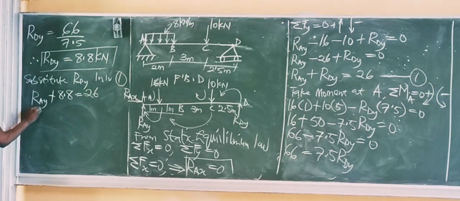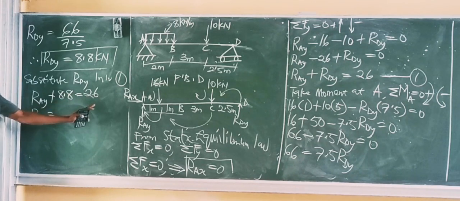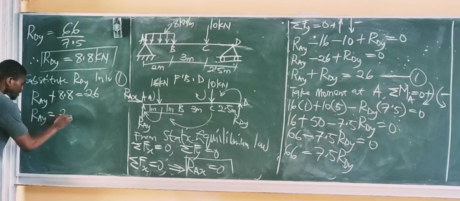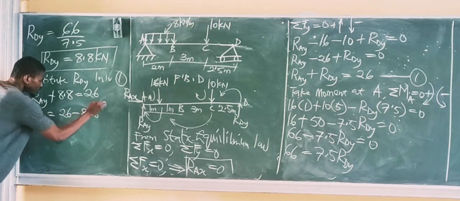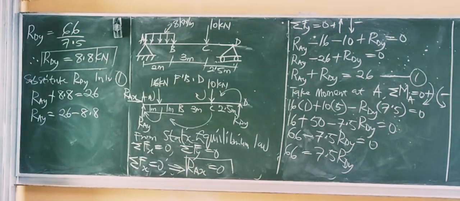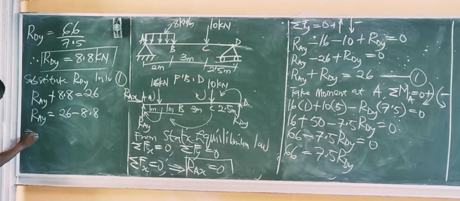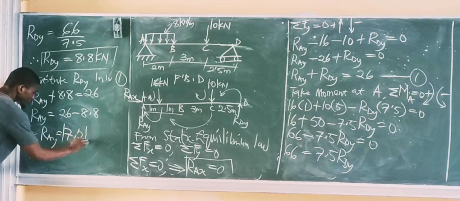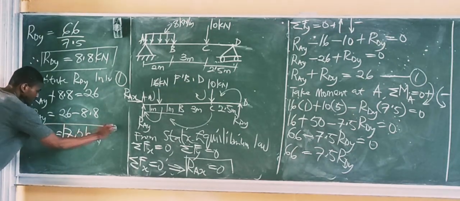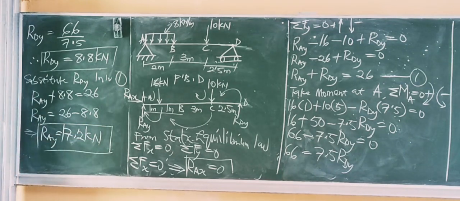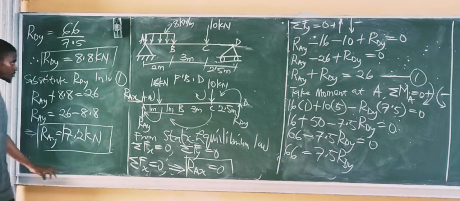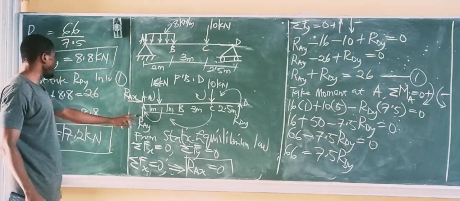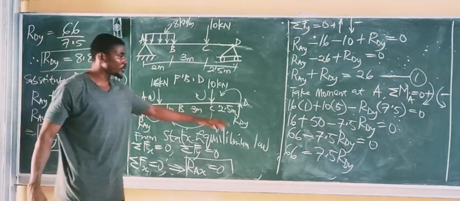So therefore, RAY is now equal to 26, and 8.8 over to this side becomes minus 8.8. So we simply have 26 minus 8.8 kilonewtons. So that simply implies that RAY is 17.2 kilonewtons. So this is now the reaction at point A. So RAY signifies reaction at point A, or this point, while RBY signifies reaction at point B.